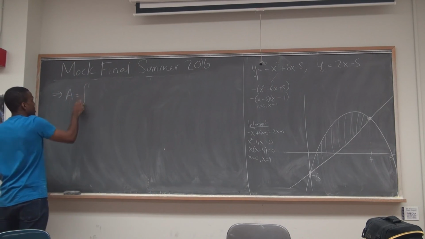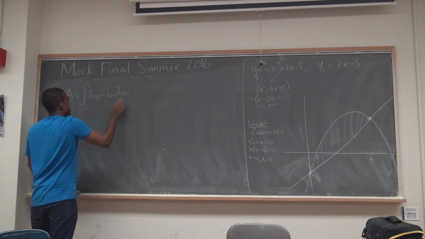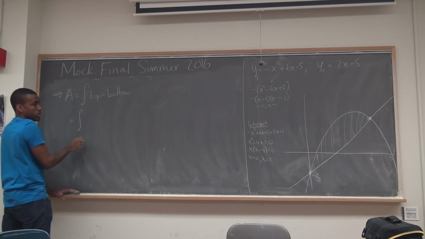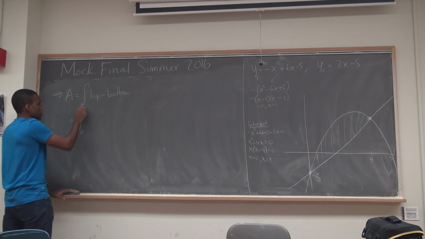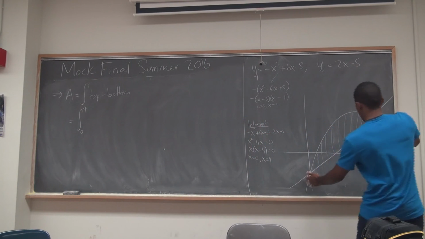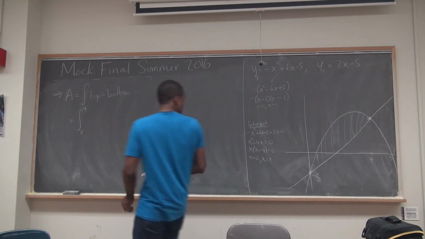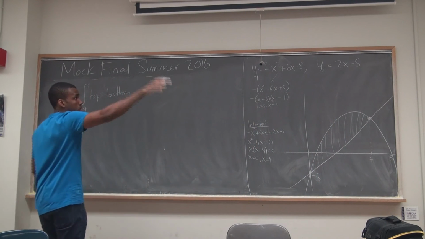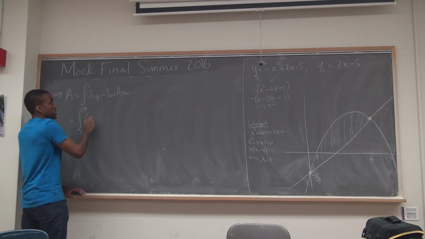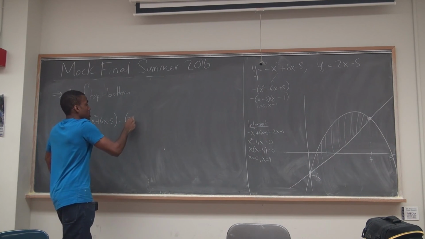Area equals the integral of top minus bottom. So the integral goes from 0 to 4. It's the end of the shaded region that we care about. So from 0 to 4, and who's on top? The parabola. So I'm going to put minus x squared plus 6x minus 5, minus the line 2x minus 5.